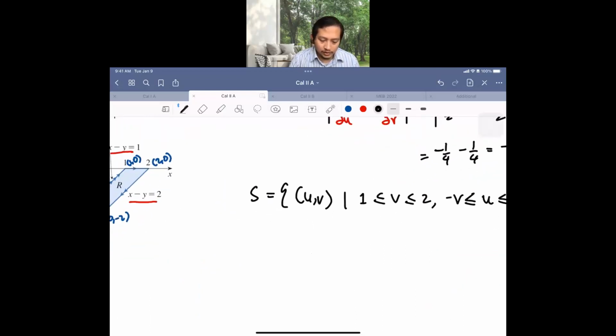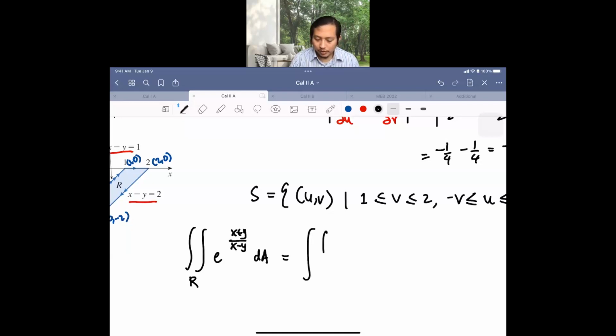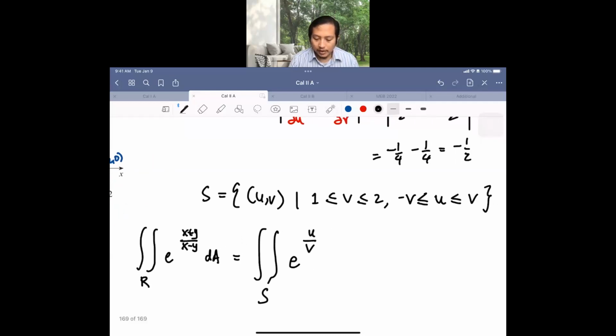All right, and then we can write the transformation. From R, we transform to S, and this will be e to the u over v. And then for dA, we need to involve the Jacobian.